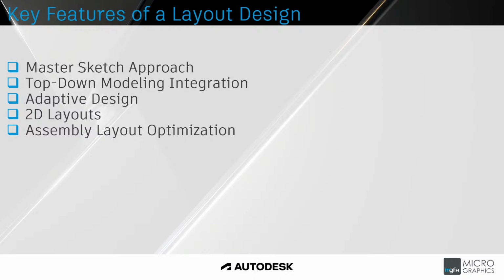We've got the adaptive design, as you guys saw, with the multi-body part, where geometry in the layout can drive the size, position, or the shape of the parts, and change the layout, automatically update depending components. We've got our 2D layouts, where initial layouts can be done in 2D sketches.